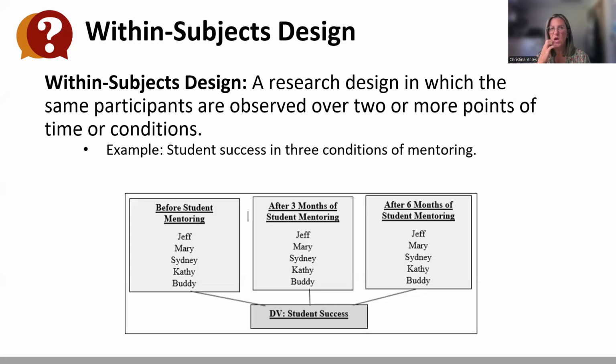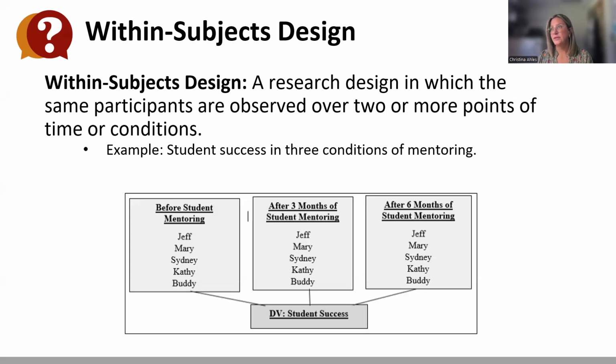If you'll notice, we have in this example, student success in three different conditions of mentoring. Basically, Jeff, Mary, Sydney, Kathy, and Buddy were in each of these three conditions. Because it's the same participants, it's considered a within subjects design.